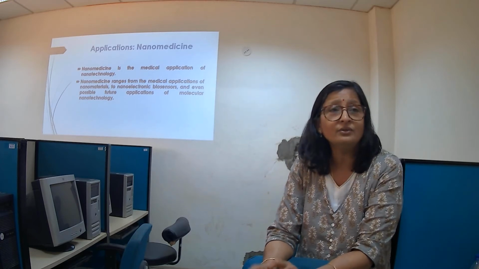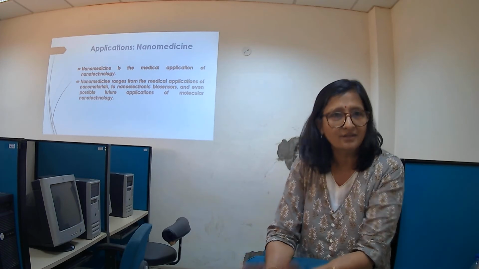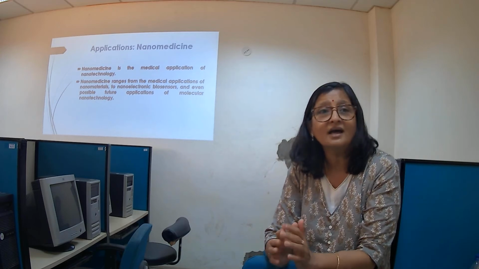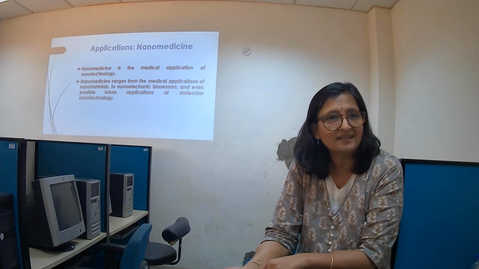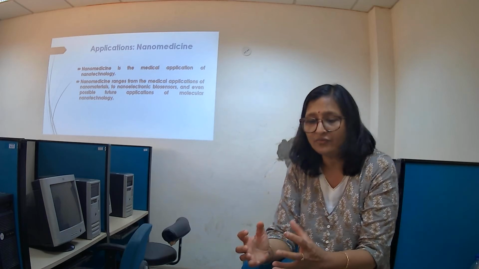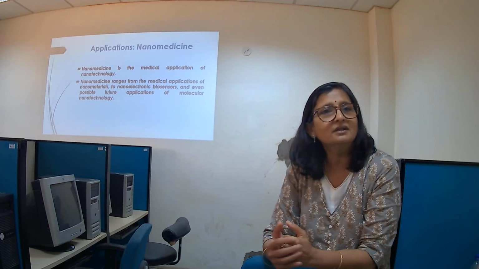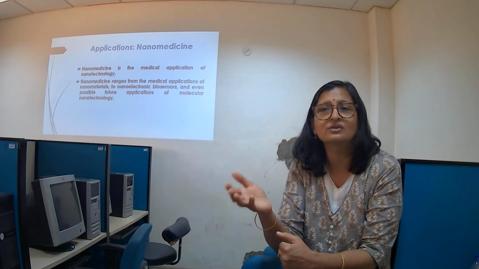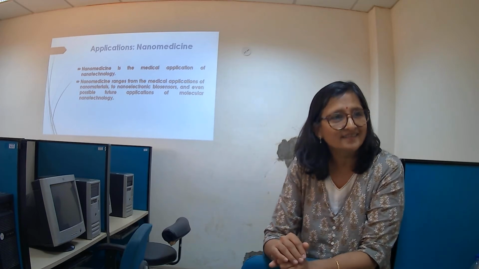If we are using only the nano carriers, we will consider it a controlled drug delivery system. But if we are attaching some targeting moiety or directing moiety, also called ligands, on the nano carriers, then they are called targeted.